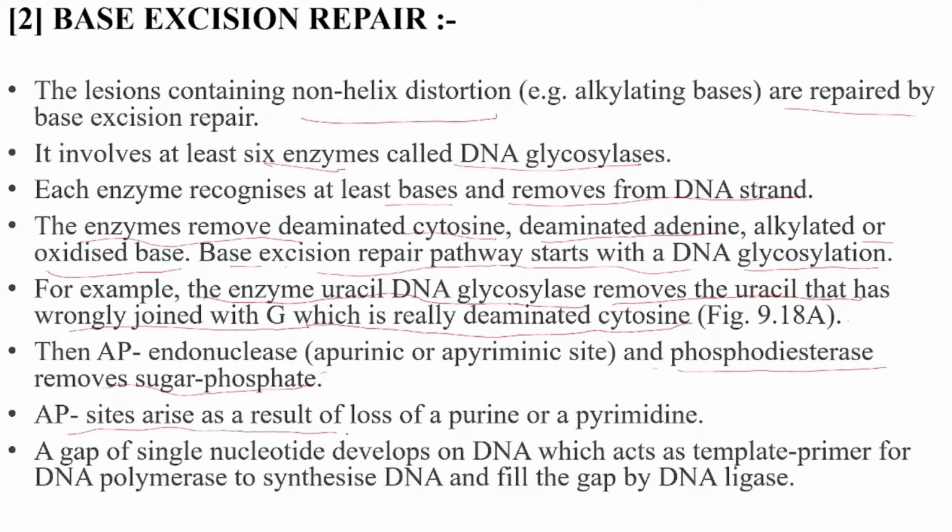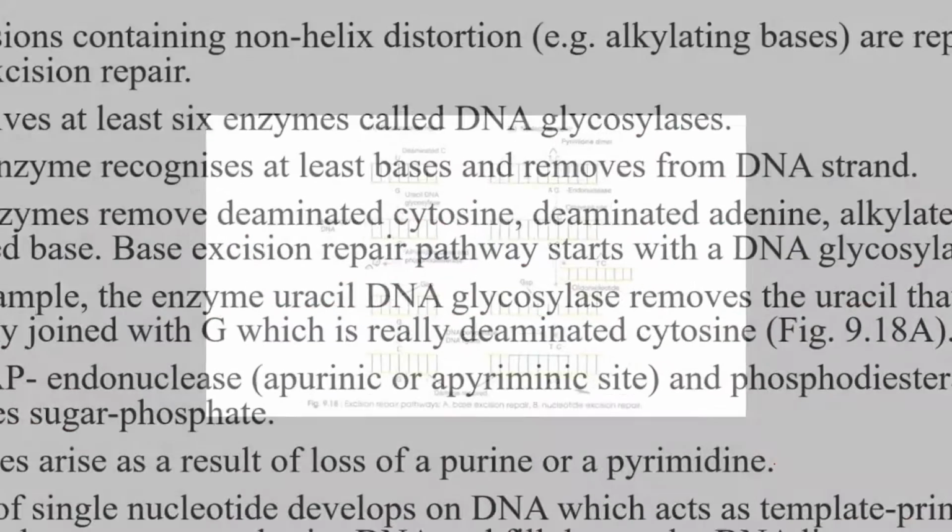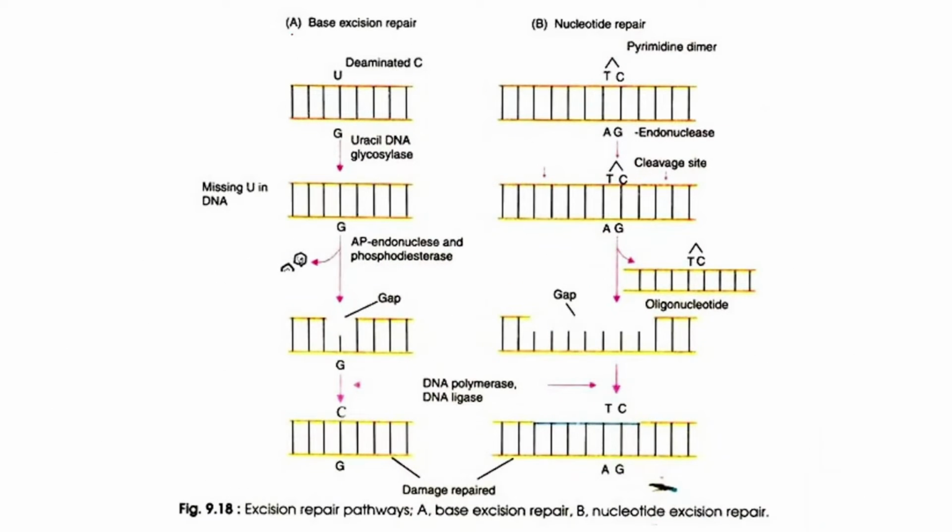AP sites arise as a result of loss of a purine or a pyrimidine. A gap of a single nucleotide develops on the DNA, which acts as a template primer for DNA polymerase to synthesize DNA and fill the gap, sealed by DNA ligase. So this is base excision repair, and nucleotide excision repair we will study in the next few minutes.